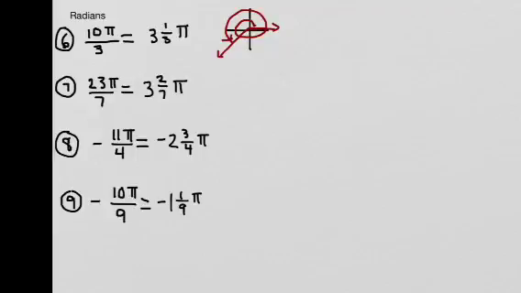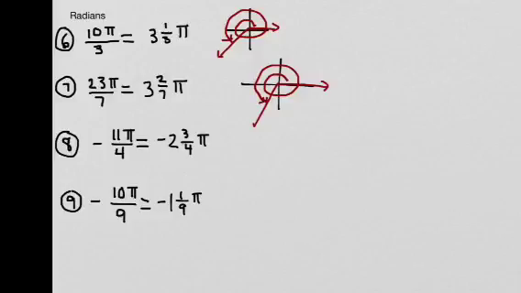Okay, for number 7, we're going to draw the x and y. 6 and 7 I didn't realize are so similar because they both have a 3 pi. So remember, this is 1 pi, 2 pi, 3 pi, and 2/7. Now 2/7 is less than a half. So it's going to be about here. Let's extend a little bit more and draw the arrow, and there's the angle.